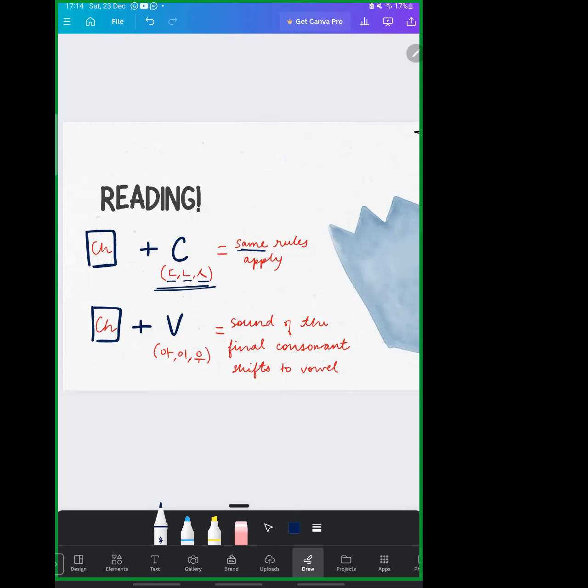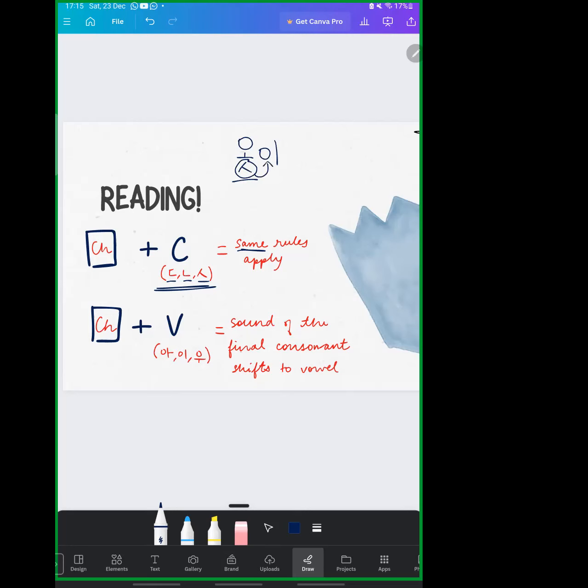So now in the case of a single consonant, Tanishka, how would you read this? Ma'am, oth. Oth. Very good. So oth, when followed by a vowel, the sound of the final consonant will shift here.